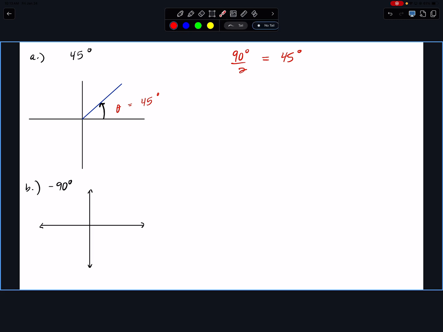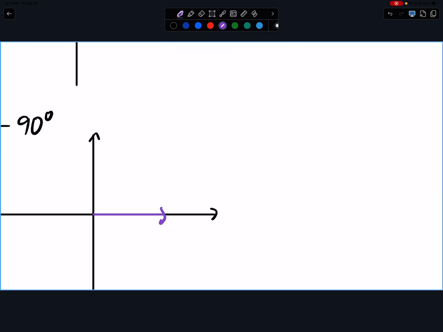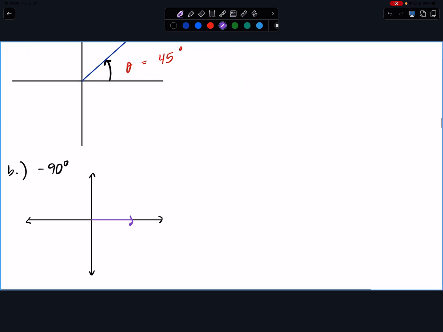So negative, remember that means we're rotating in a clockwise direction. You always start on the positive x-axis. So negative 90 degrees. Remember each quadrant is worth 90 degrees. So that means I'm basically going to land on this axis. Okay. So if I want to draw this, this would be my initial side. Can you guys see that? It's purple. That would be my initial side. My terminal side is going to be right here. And my angle is going to rotate something like that.